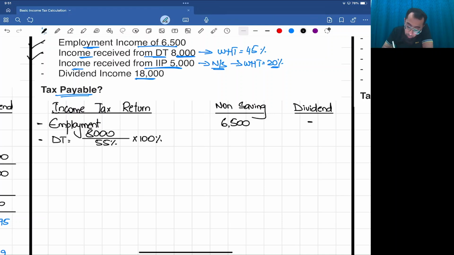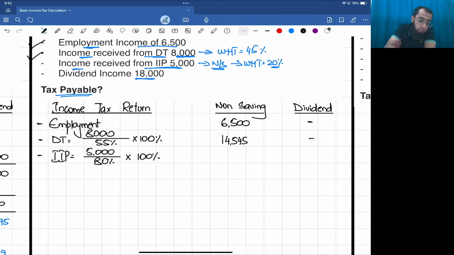So it's 14545, goes in the head of non-saving. Then comes the IIP, 5,000, 20% withhold, since we are assuming non-saving source, divided by 80 multiplied by 100. So that's 6250, goes in the non-saving head.